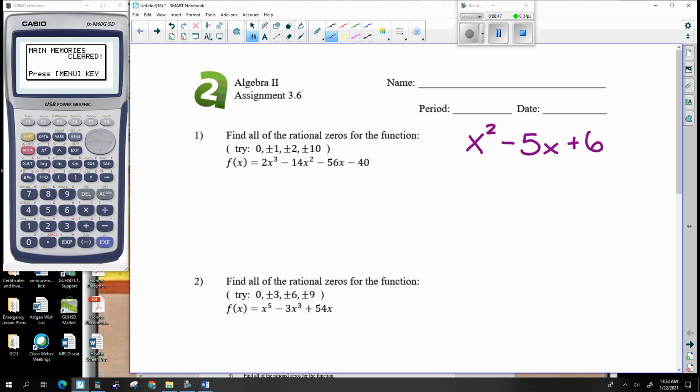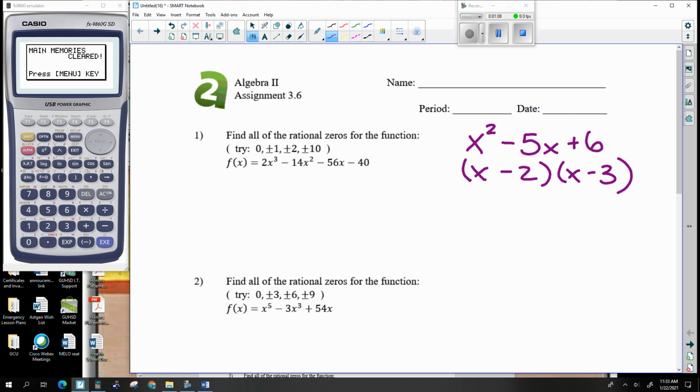I want to know what the factors of this are. One way to find factors is to literally know how to factor this, so multiply to 6 and add to 5, and I know that would be -2 and -3. I could do it that way.